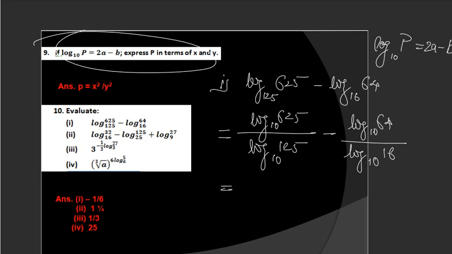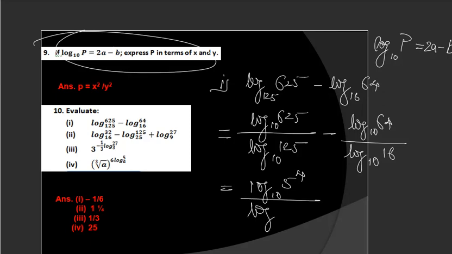How can I write 625 in the simplest form? 5 raised to 4 is 625, right? If your multiplications are good.